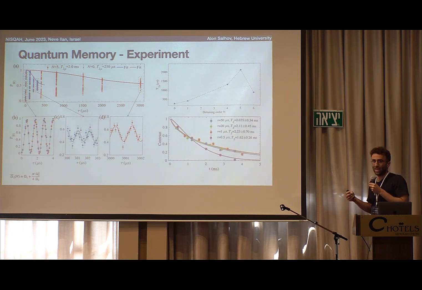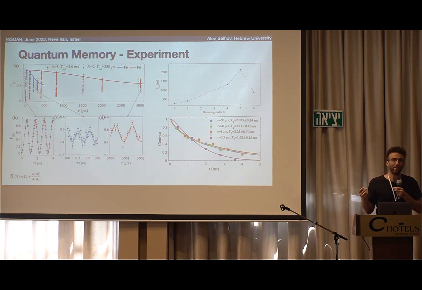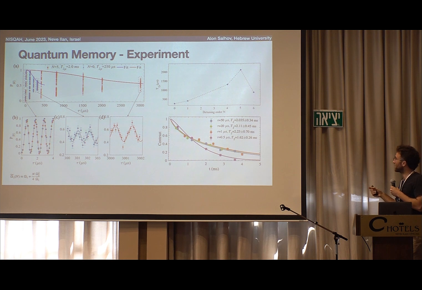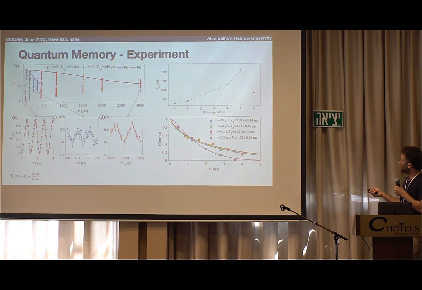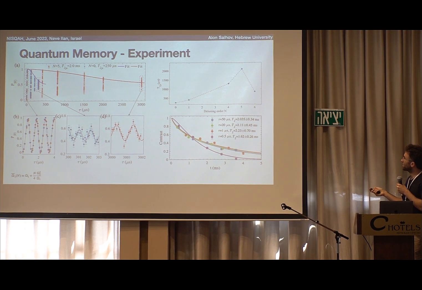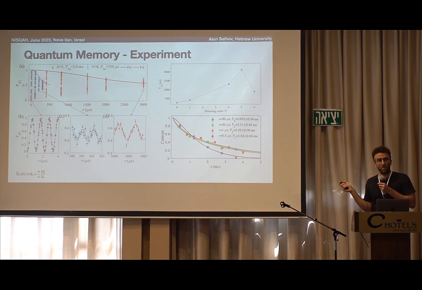And to benchmark this against something, maybe one of the most used pulse dynamical decoupling sequences is XY8. XY8 depends on a parameter, tau, which is the interpulse interval. So we did a couple of these experiments. We scanned the parameter tau, and what we see is that the coherence time maxes out at about 2.2 milliseconds.